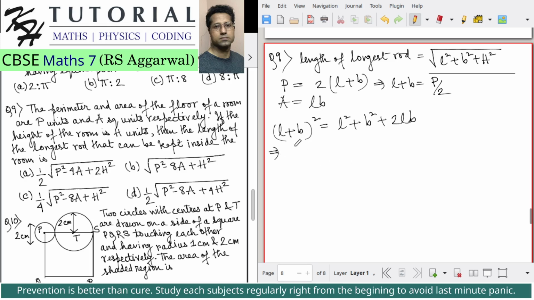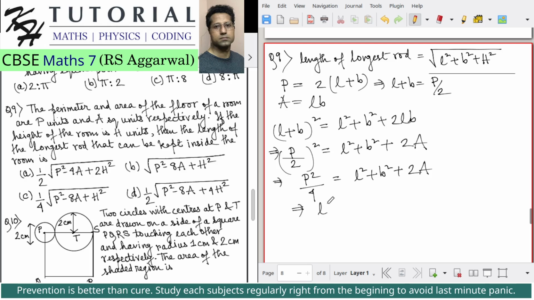L plus B we know is capital P by 2, so this square is equal to L square plus B square plus 2 into LB, which we know is capital A. So the left hand side is P square by 4 is equal to L square plus B square plus twice capital A. From here we can easily find L square plus B square is equal to P square by 4 minus twice A. If we simplify, this is (P square minus 8A) by 4.